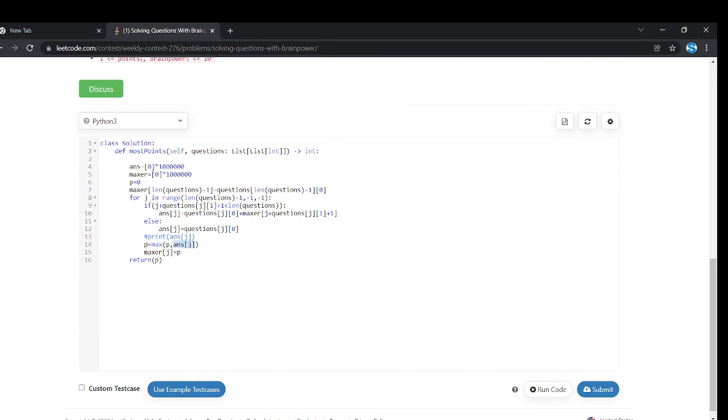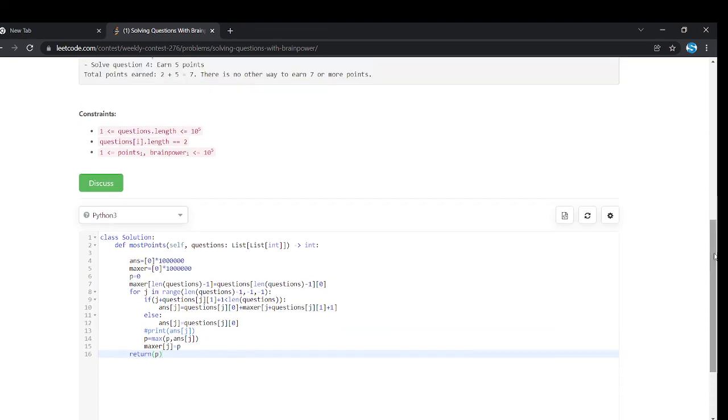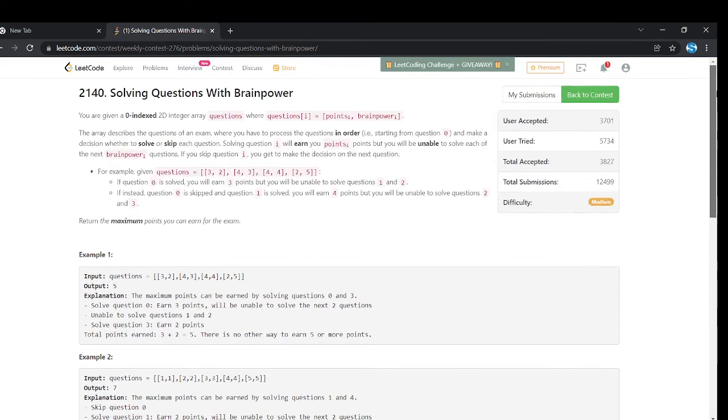So that would be our overall maximum, and then we are updating our maxer array by using that value. And then after the end of this loop, we have actually returned the maximum points that we were able to find. So basically this is a kind of dynamic programming question. I hope you would have understood the solution of this question.